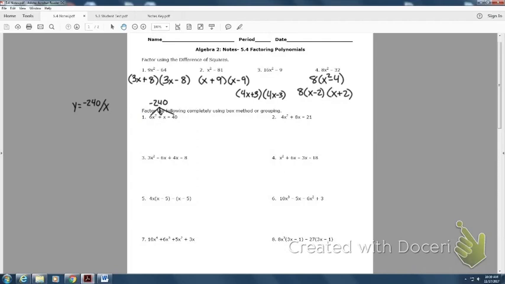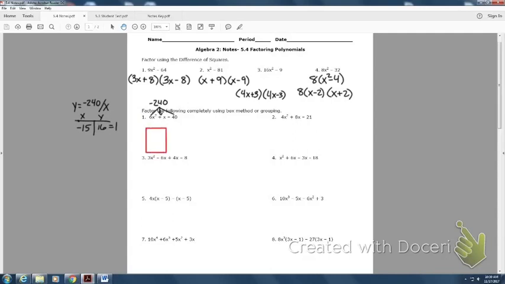If you do that, you find negative 15 plus 16, that gives you 1. So negative 15 and 16, those are the factors that we need.